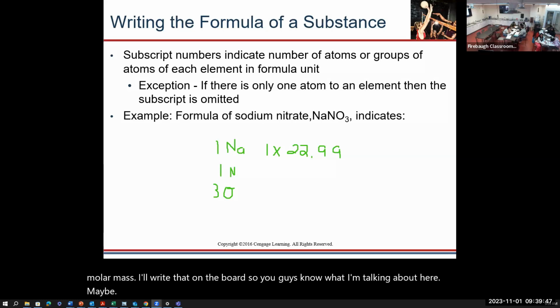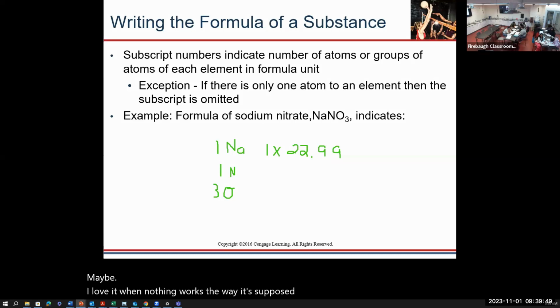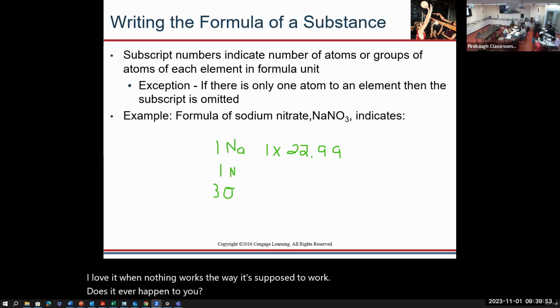Love it when nothing works the way it's supposed to work. Does that ever happen to you? Well, let's see. One second.